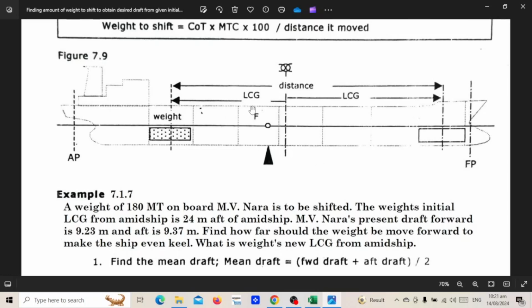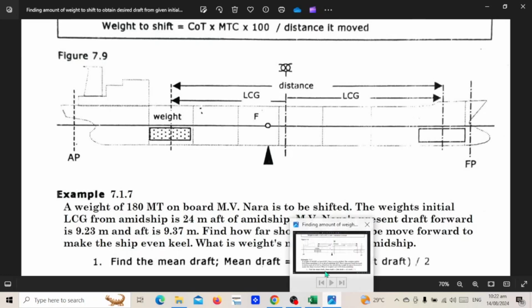Since this is 24, and you have 28 here, so 28 minus 24, in between, this will be your 4 meters. This will be your new LCG of 4 meters. So this is the 28 meters. This will be your new LCG of 4 meters.